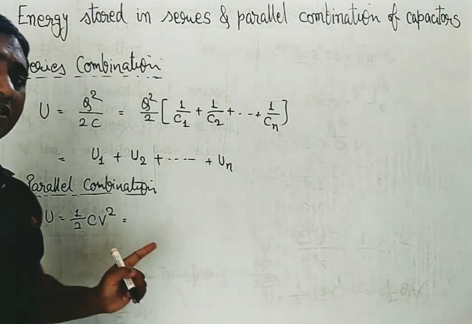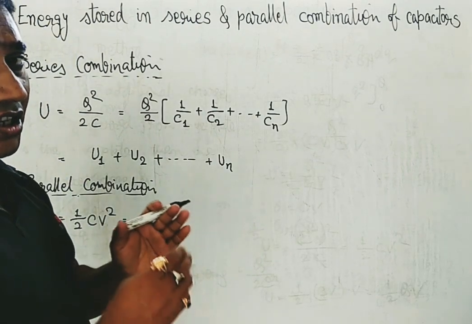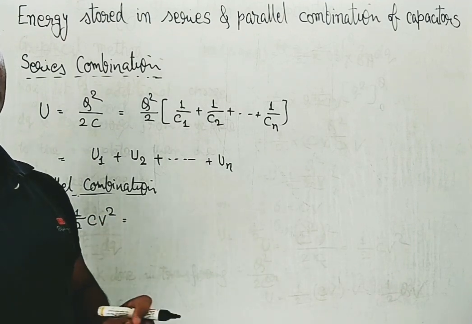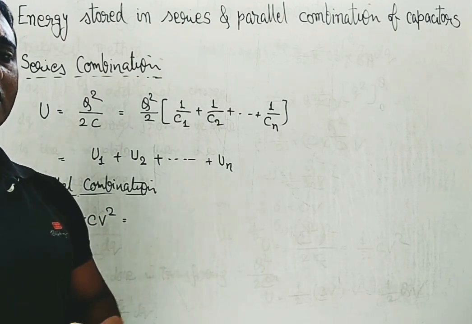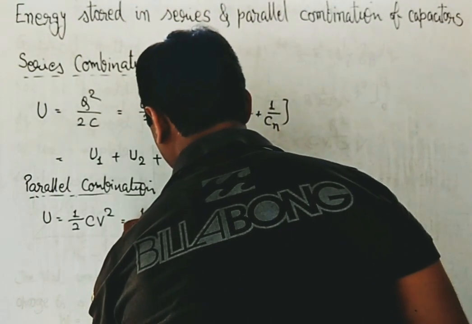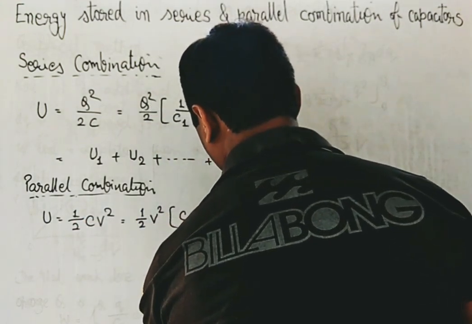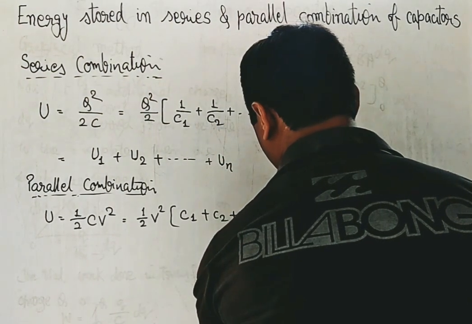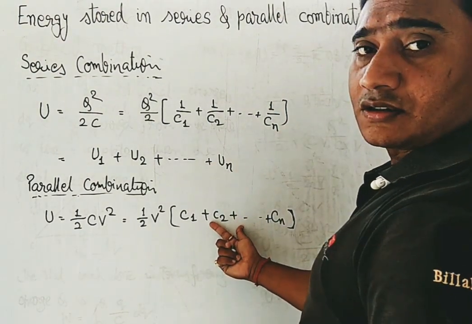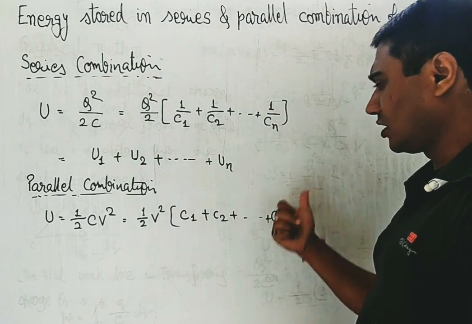C is the capacitance of the equivalent capacitor representing the parallel combination of n capacitors having capacities C1, C2, C3 dash Cn respectively. So let's write half V square into C1 plus C2 plus Cn, which is the equivalent capacitance of the parallel combination of n capacitors.